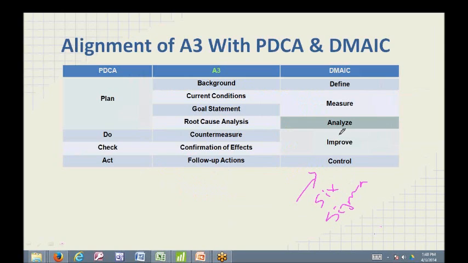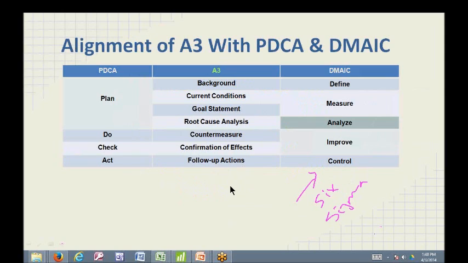The Six Sigma: define, measure, analyze, improve, and control. And the Plan, Do, Check, Act, of course, is the core method for continuous improvement. And this is the method that we are talking about here.